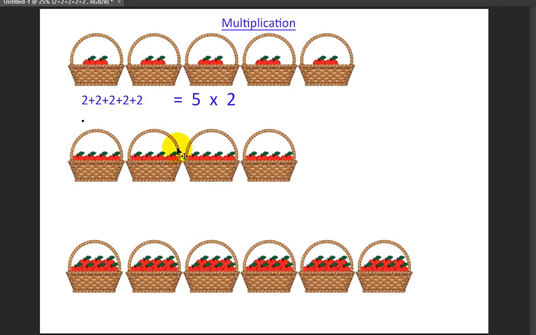helpful this is if I had to add, let's say, 1, 2, 3, 4, 5, 6, 7, 8, 9, 10, 11, 12, 13, 14, 15, 16, 17, 18, 19, 20 twos.